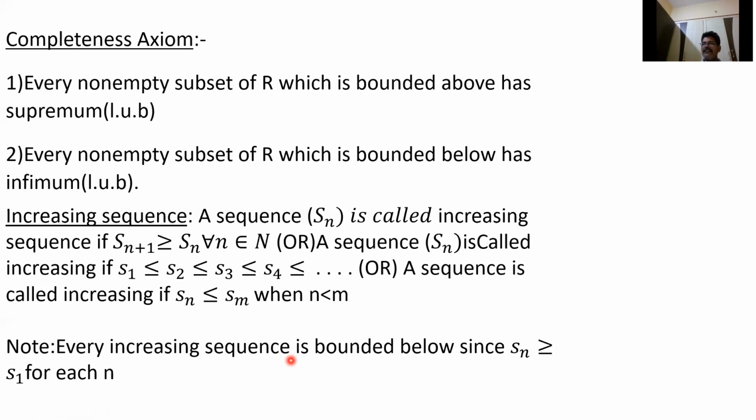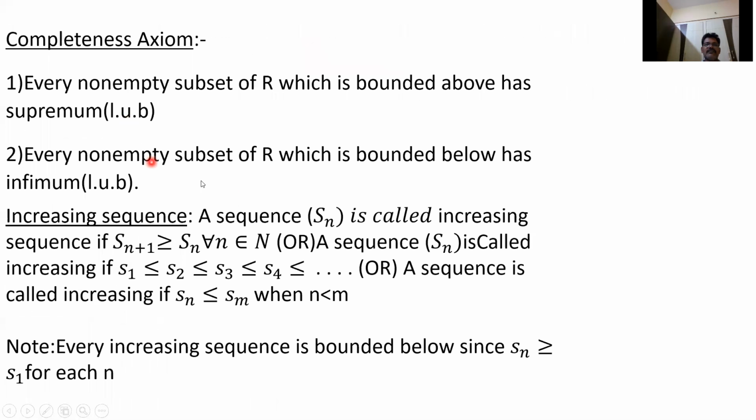The first term is a lower bound for the sequence Sn, because it is increasing, so Sn ≥ S1 for each n. So whenever a sequence Sn is increasing, it is always bounded below.